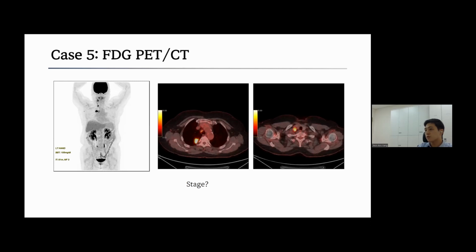And in this case also, hypermetabolic lymph nodes are observed. In station 2R or 4R, it's somewhat ambiguous because the innominate vein is visualized in this section. And also in station 1R in the third figure.